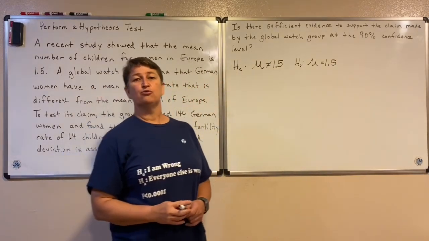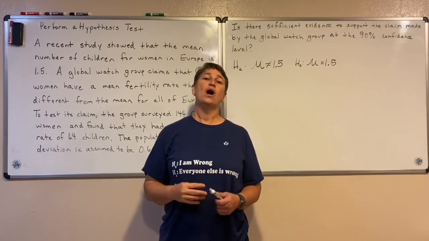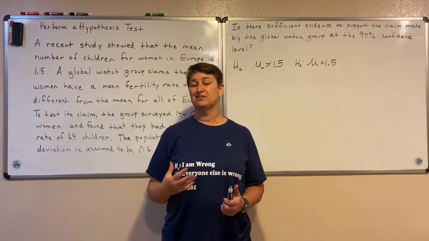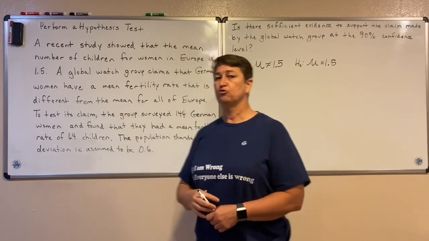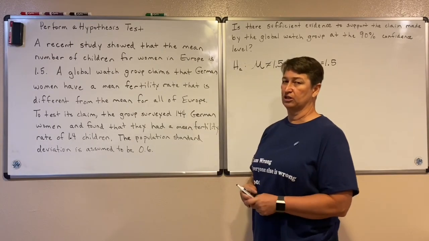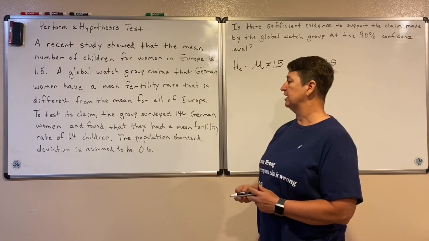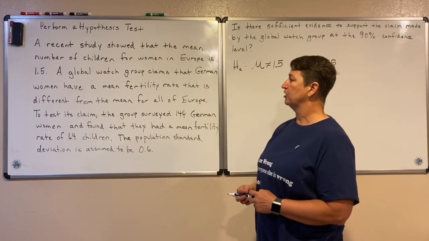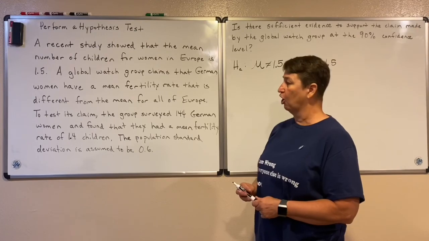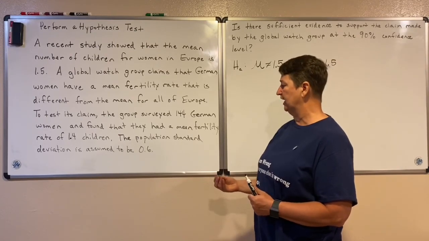Now, what we're going to do next is decide what distribution our test statistic will belong to. So we're looking for different clues to let us know what distribution it belongs to. And one thing we see is that we have a group that is larger than at least 30 in our sample.